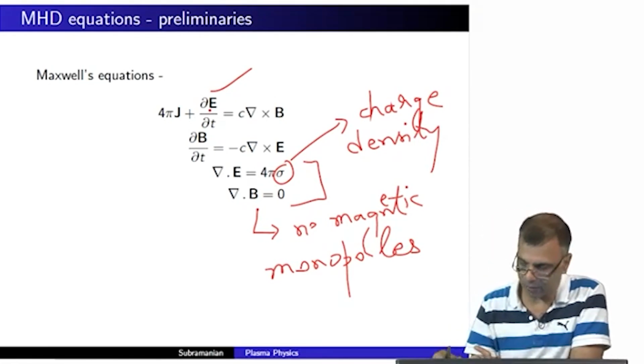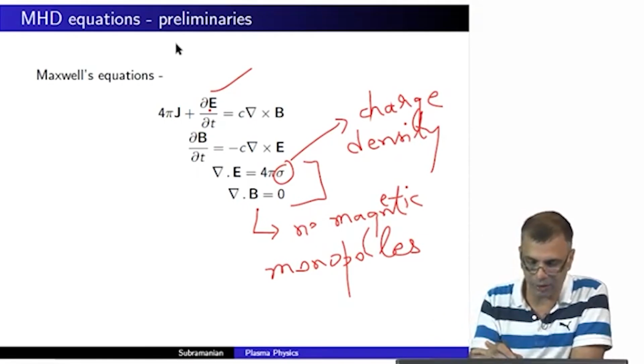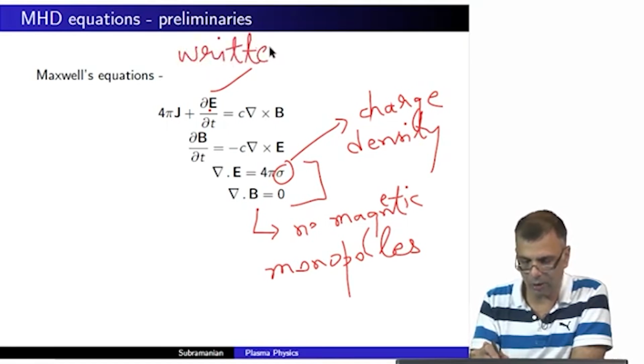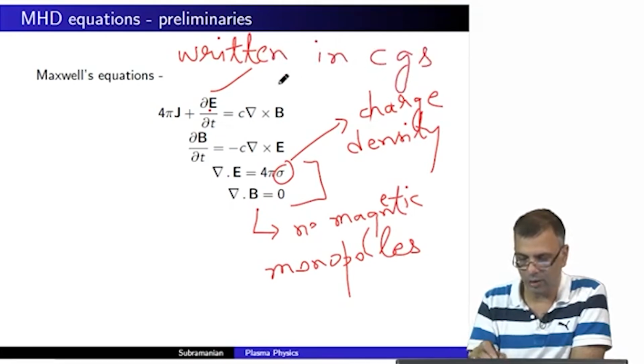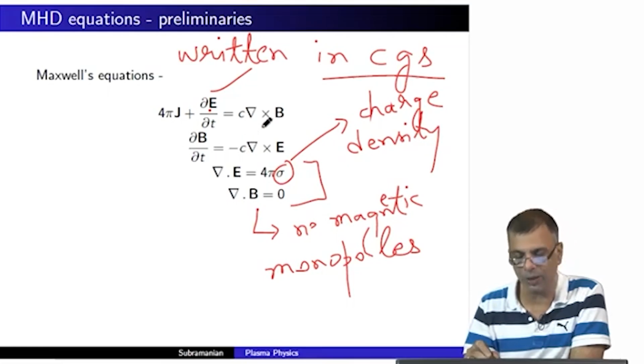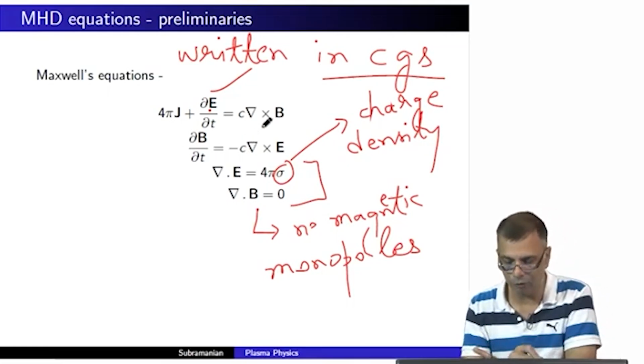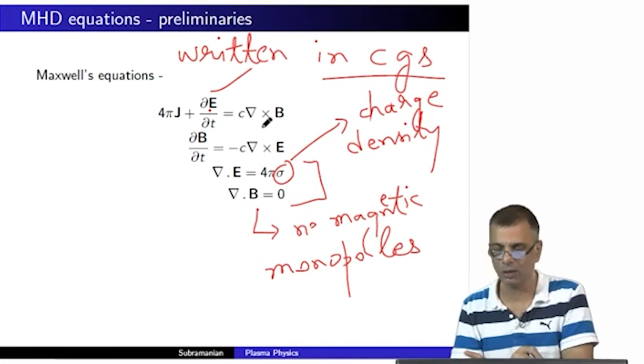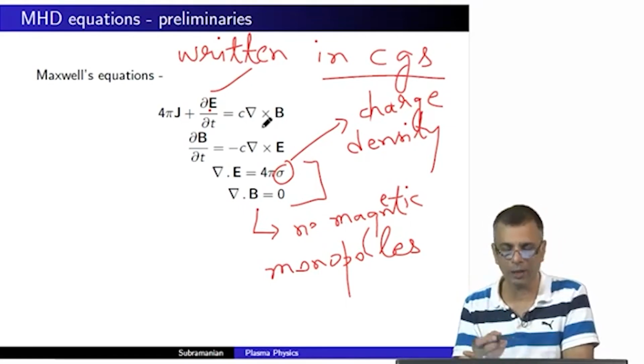And I must emphasize that all of these equations are written in CGS. That is why you see the appearance of c, like the speed of light. You can equivalently write these things in SI units.